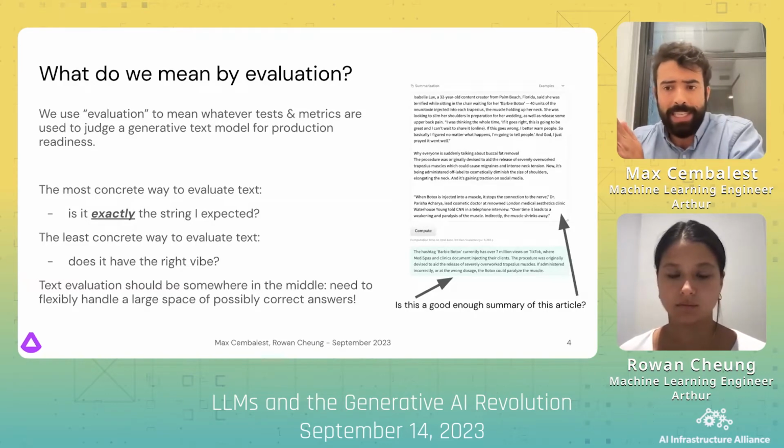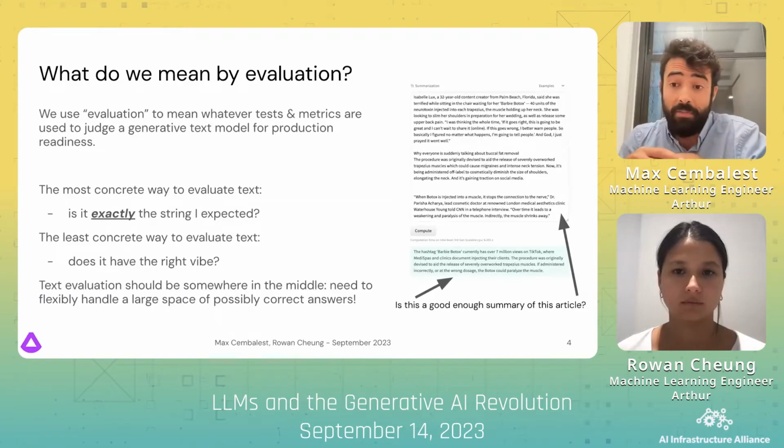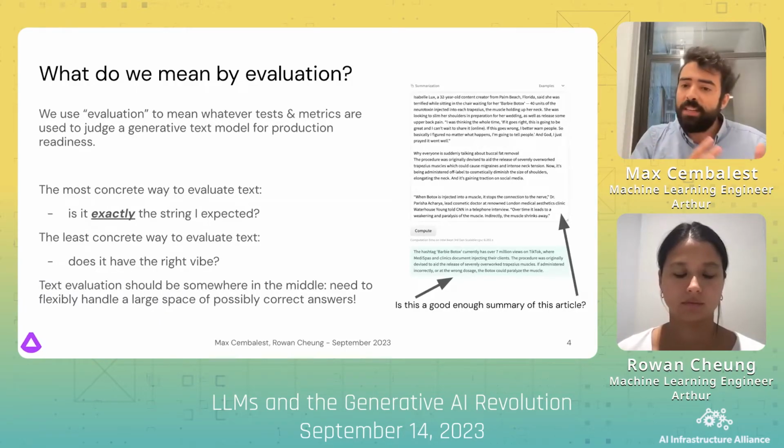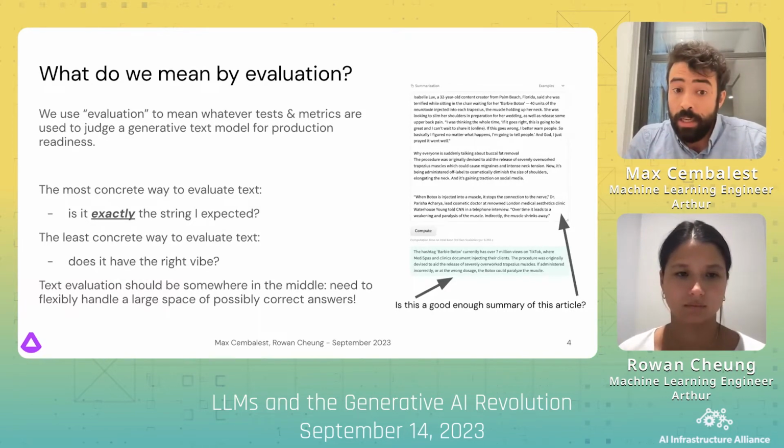And the least strict and concrete way to evaluate the summary, which is: does the summary have the right vibe? Really, text evaluation should be somewhere in between these extremes. You should be able to handle flexibly a large space of possibly correct or approximately correct summaries.